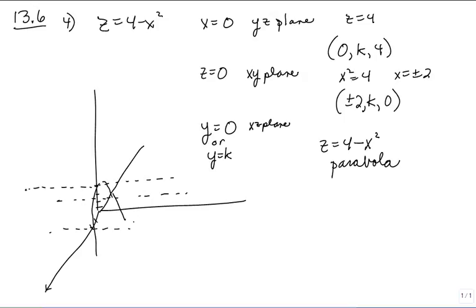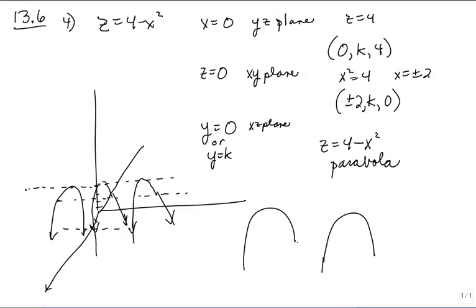So those are guidelines, and we get these parabolas up and down those lines. So it's kind of going to look like, again, it's really hard to draw these things, like that, which is a sheet. So that's a cylinder surface. That's called a parabolic cylinder.